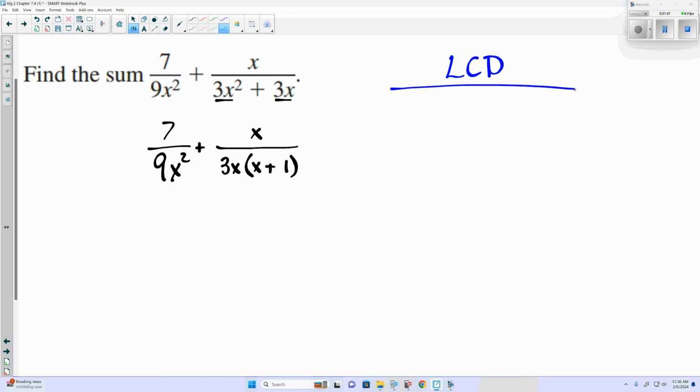Now that we have factored, we're going to find the least common denominator. We're going to find the expression that will make both of these be the same. And we're specifically looking for the smallest expression that we can turn both of them into. Now, our smaller expression will not be less than either one, because with 3 and 9, the least common denominator will not be less than 9.